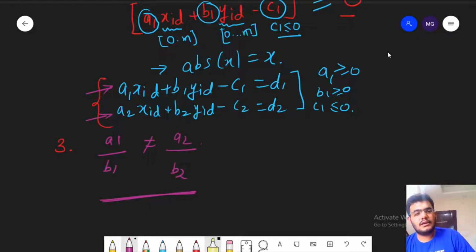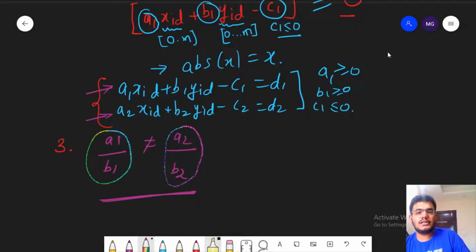So when asking a query, we need to ensure this as well: if we have asked a query with a particular ratio, then when we ask another query, we should not use the same ratio of a and b, because in that case, suppose the output is given for the same IDs, then we have equations which are the same.